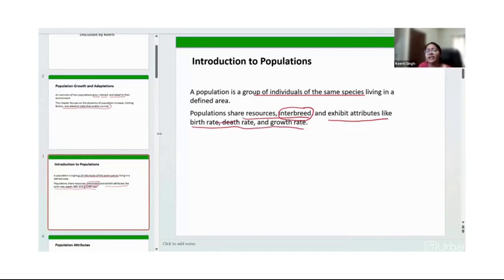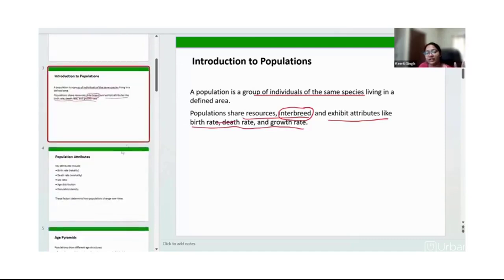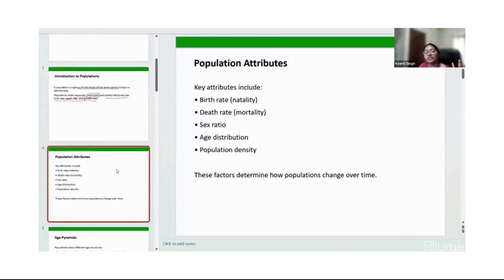You are already aware, in our day-to-day life, we use these terms very frequently, right? When we talk about the population of, say, some country or some region, or in case of India, say, when we are talking about the population of UP or MP, what is the birth rate there? When we want to compare the environment of these two regions, right?